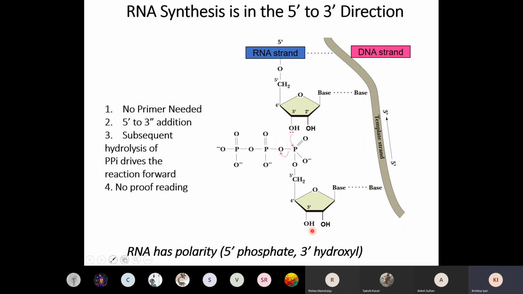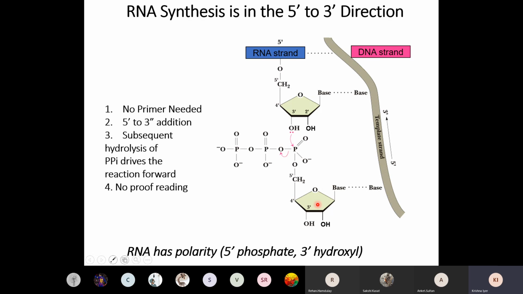Okay. And remember, when transcription is occurring, not only one strand of RNA is made, but multiple strands of RNA are made, and most of them are made with fidelity. Okay, so if there is one error here or there, it will be an individual RNA strand which has got an error, but not all the RNA molecules.